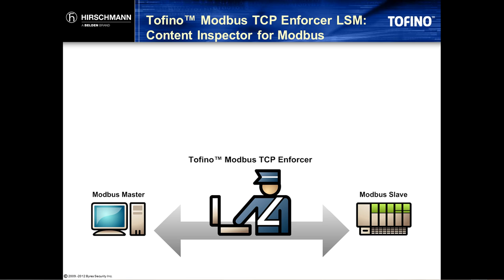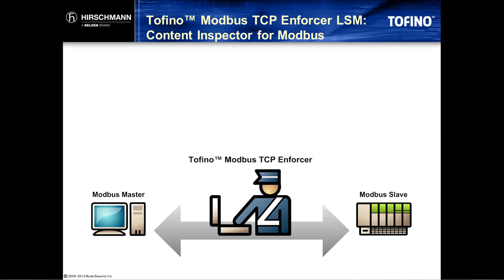We actually need another tool that can examine the communications within those connections at a higher layer in the protocol stack to see whether or not those commands are valid and to allow the control engineer to decide which commands should be let through and which should not. And that's the function of the series of enforcer modules from the Tofino product.